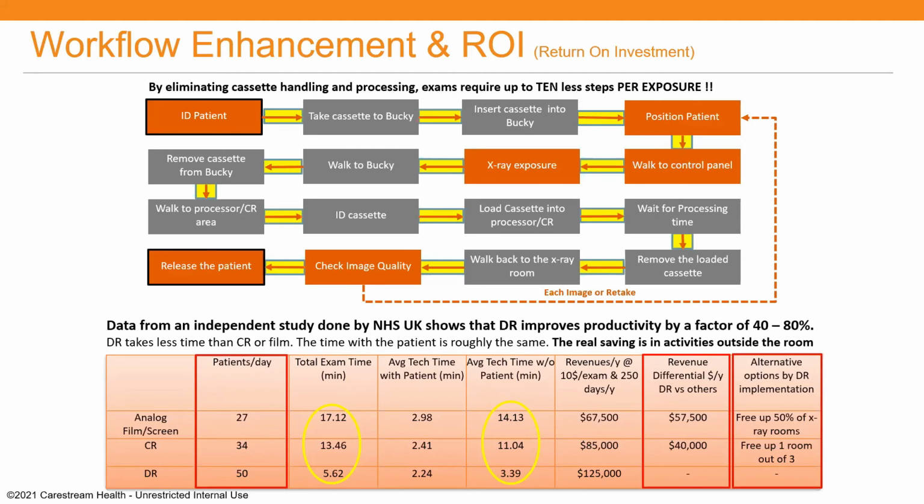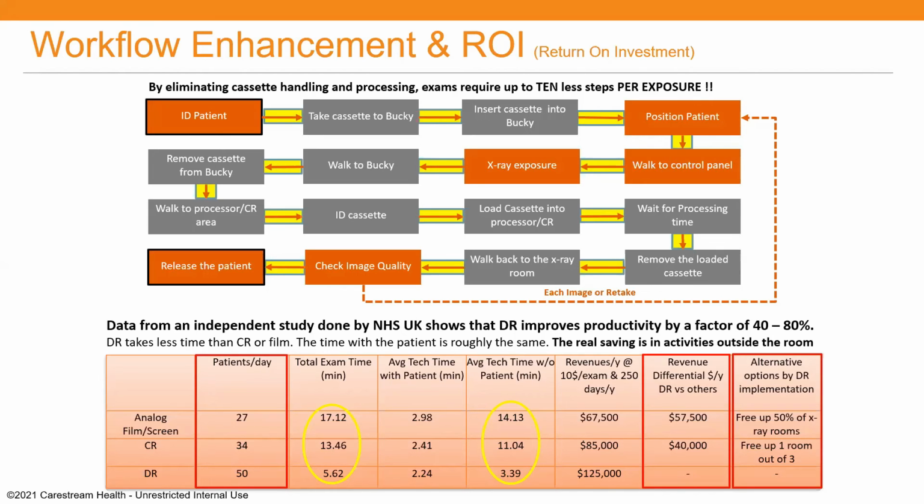By increasing your efficiency, we've seen that you can do 3 times the exams with the DR. So basically and easily, you can shut down additional X-ray rooms in your facility. Maybe, for instance, you have 3 rooms of X-ray in your facility running in analog, you can easily shut down at least one, and focus the activities on the remaining 2 if they are upgraded with DR.